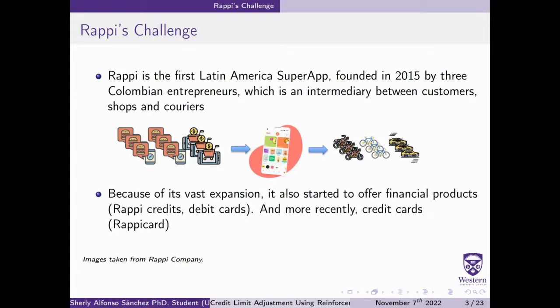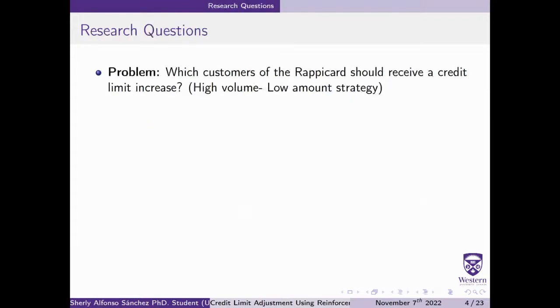Because of its vast success, they also started to offer products in financial services. Mainly, they have recently launched a credit card, and there our problem appears: how to decide which customer of this Rappi card should receive an increase in their credit limits.